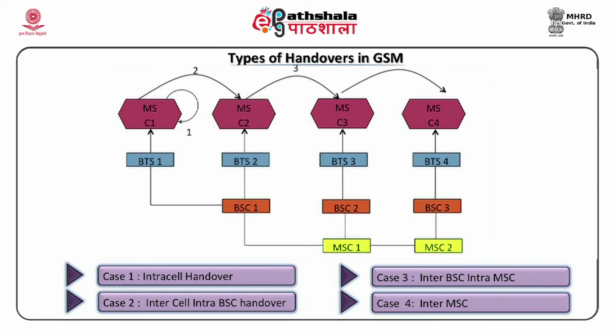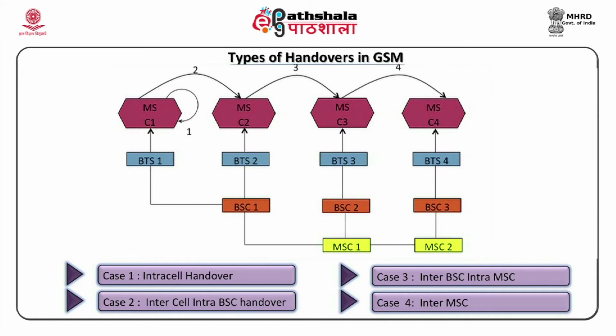So, this scenario is known as inter-BSC intra-MSC handover. And in the fourth scenario, the mobile device moves from C3 to C4, both belonging to different MSC areas. So, handovers which take place in such a situation are known as inter-MSC handovers. So, you can see in the figure that the 4 scenarios of handovers which we discussed have been clearly depicted.